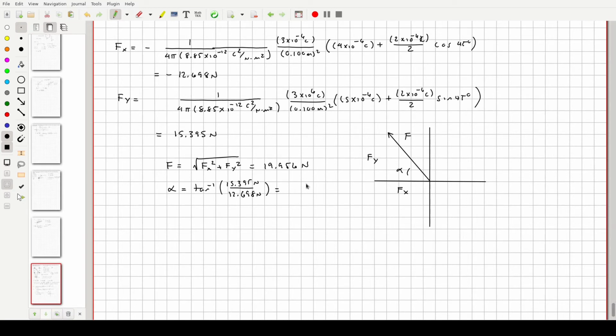I'm putting in the positive value because as drawn it's a positive angle. So the inverse tangent of 15.395 divided by 12.698, and that's 50.48 degrees.